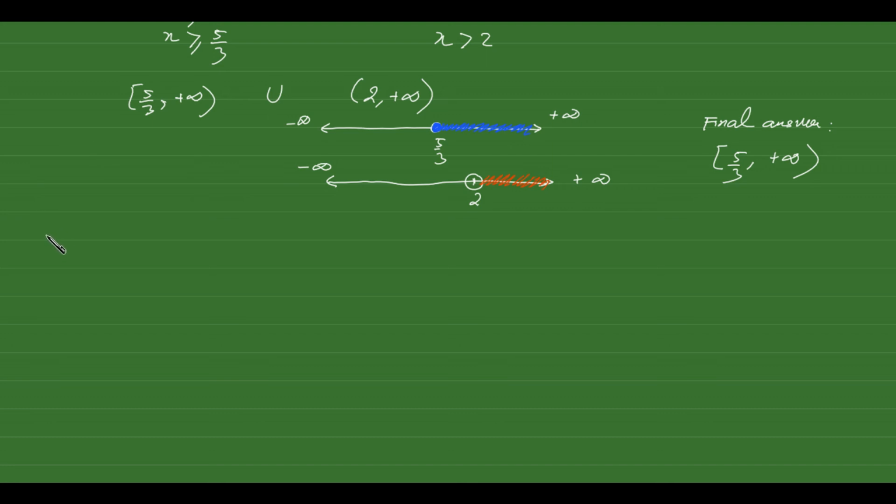Okay, let me see if I can come up with another example for that case. How about something like this?